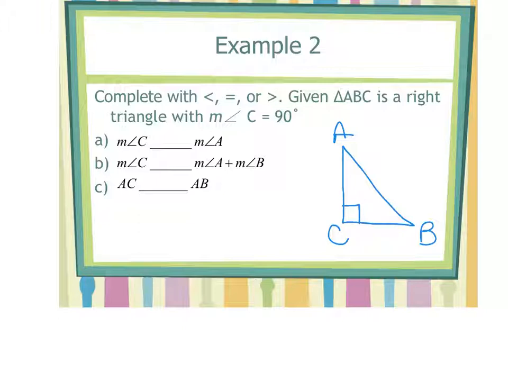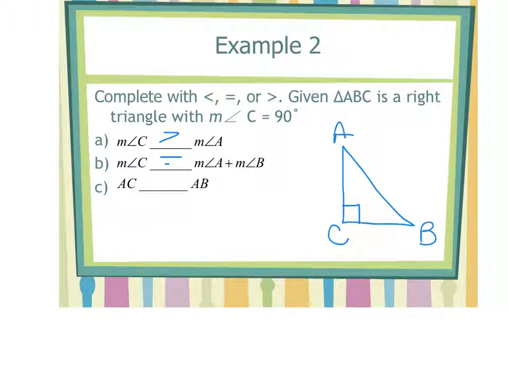So the measure of angle C, what is it in reference to angle A? Greater, less, or equal? Greater. So I put that symbol there. Then it's asking me the measure of angle C, what is it in relation to A plus B? It's not less, it's not greater, it's equal to.